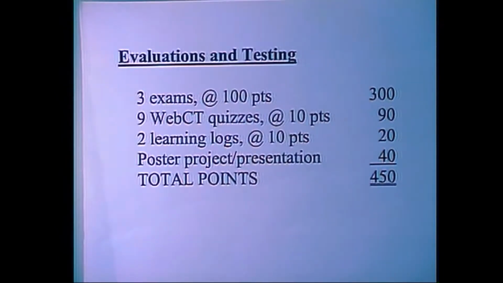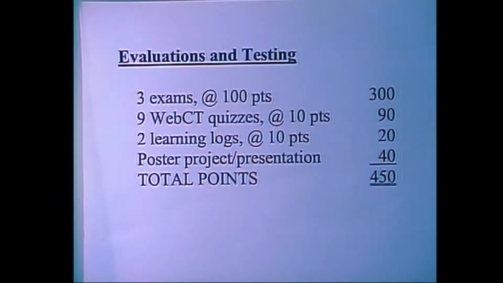And we'll talk about that a little bit later, but the subject of it will be, you will be writing about the plant cell. Now, the reason for this learning log is, for one thing, to show me that you can write. And secondly, most importantly, that you do understand the plant cell, which is not necessarily the easiest thing to understand. So this will hopefully help you to learn the parts of the plant cell.